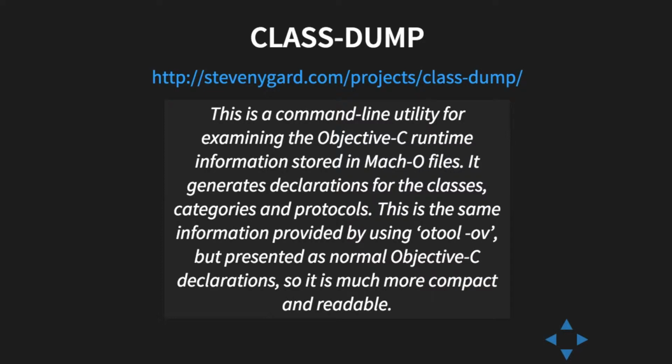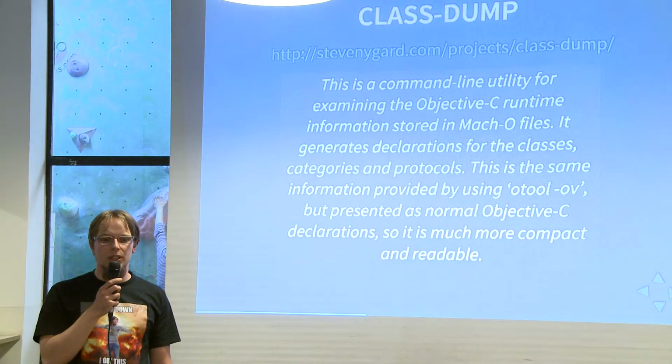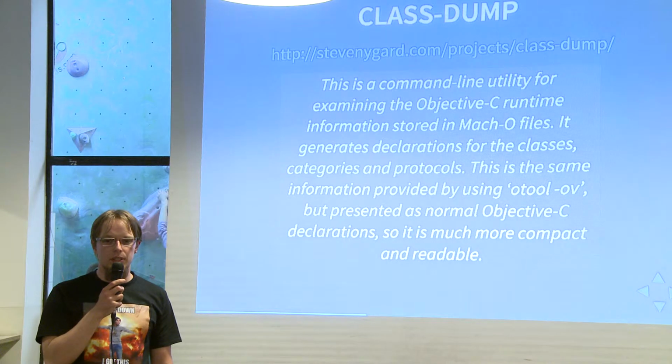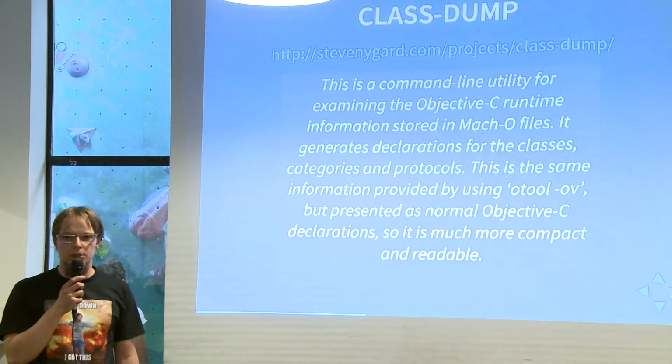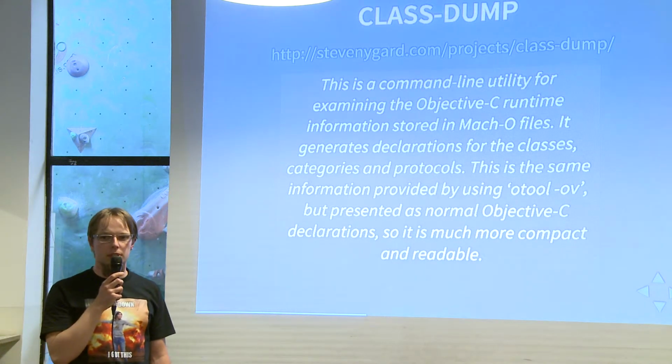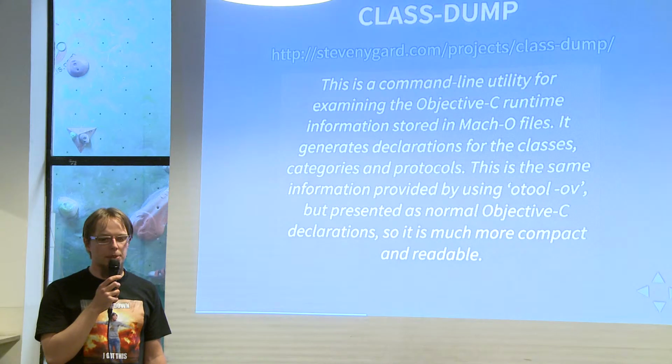It goes through the binary and finds all the classes, protocols, categories, properties, method names. Then it parses it and generates header files. So you can find every class that is used in the code. That, with Cycript, is a very good starting point to finding weak spots of our apps.